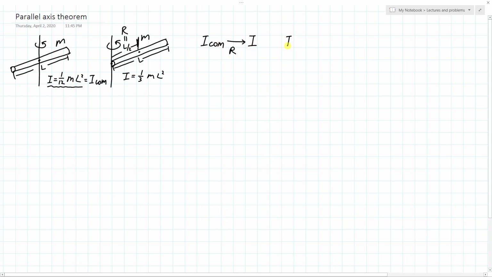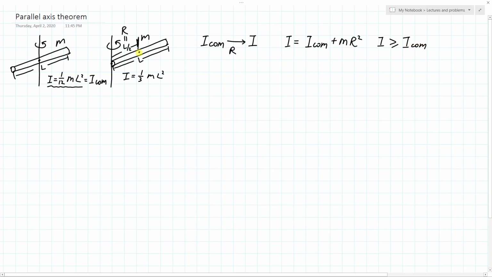According to the parallel axis theorem, rotational inertia around any point, if you just move your rotational axis parallel from the axis of rotation through the center of mass, you're actually adding this amount, MR squared. So first of all, mass is positive, R squared is positive, so this I is always equal or greater than the I of center of mass.